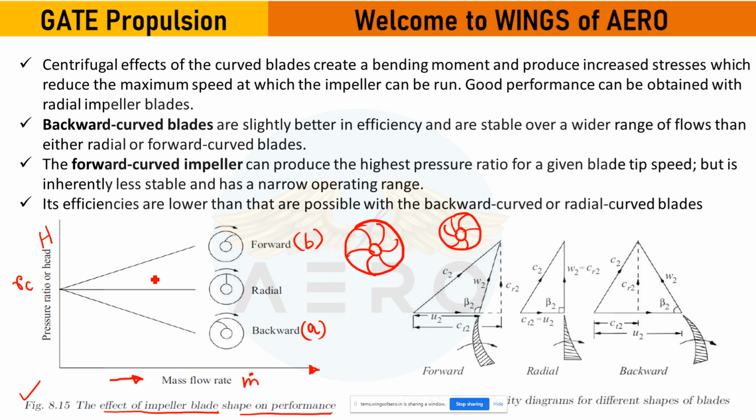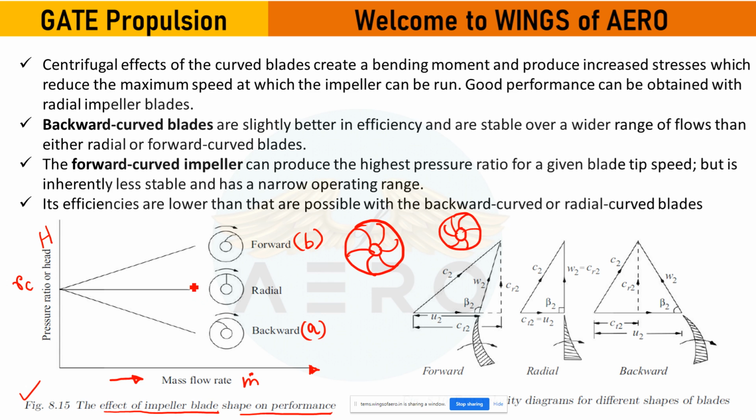So we know that where the pressure ratio is more, our efficiency will also be better. Where the pressure ratio is more, the efficiency of the particular component will also be enhanced. Now look at the radial. As we increase the mass flow rate, the pressure ratio remains constant.